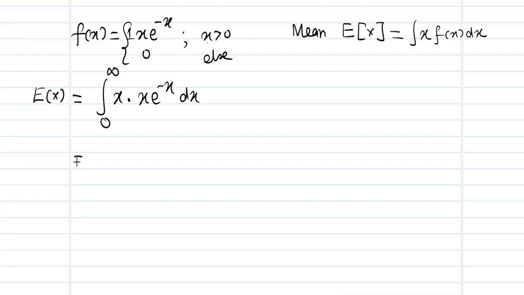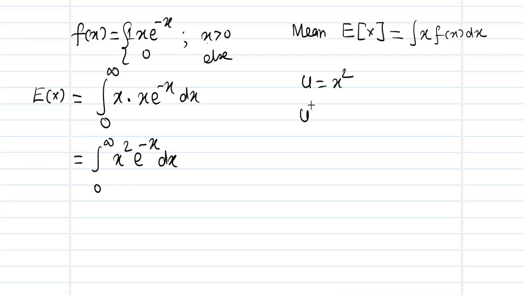Next stage, I have the integral from 0 to infinity of x square e power minus x dx. Now again you will use the uv formula, but the power is 2, so you will have to differentiate 2 times. So fix u equal to x square.